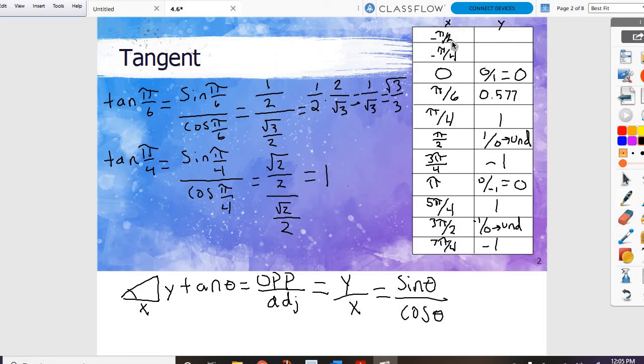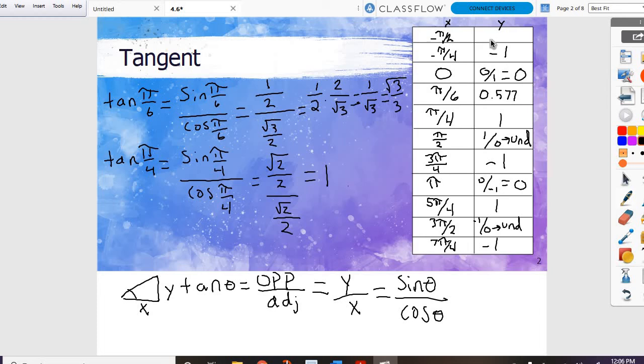Well, negative pi over 4, remember we would be going clockwise, so it would be in our fourth quadrant. So we would get the same value that we got for 7 pi over 4. So it would be negative 1. And then negative pi over 2, again, we're going clockwise. So it's going to be our negative y-axis, which would be the same thing as 3 pi over 2.